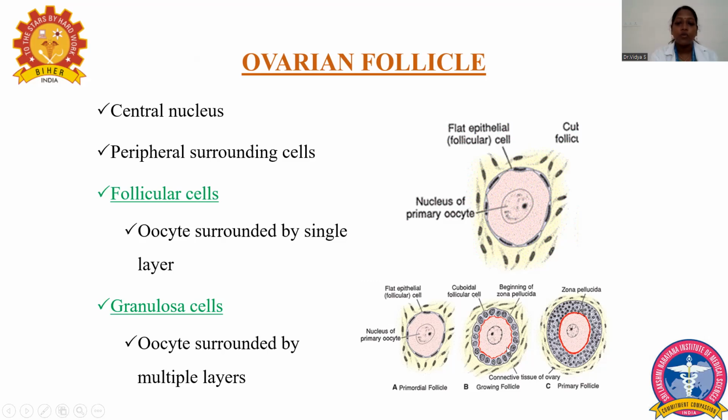But when the oocyte is surrounded by multiple layers of cells, we call them granulosa cells. So you must know the two types of cells in the ovarian cycle. One is the follicular cell, where the oocyte is surrounded by a single layer. The next one is where the oocyte is surrounded by multiple layers, called the granulosa layer.